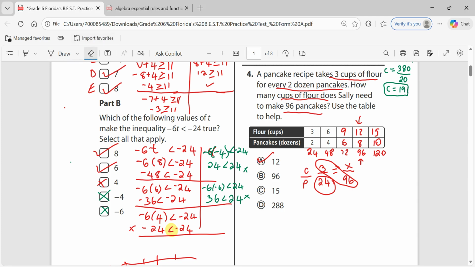Or you can go ahead and cross multiply. So 24x is equal to 3 times 96. And we're just doing a one-step equation here.